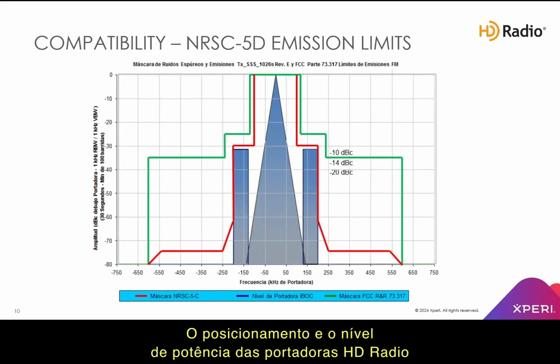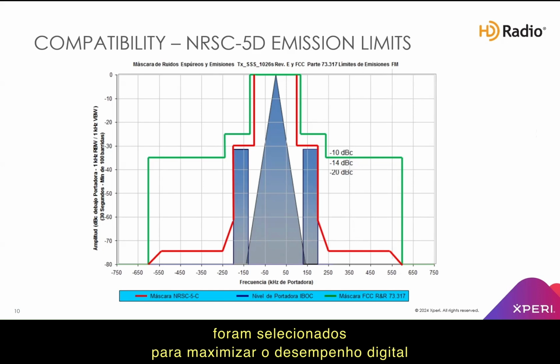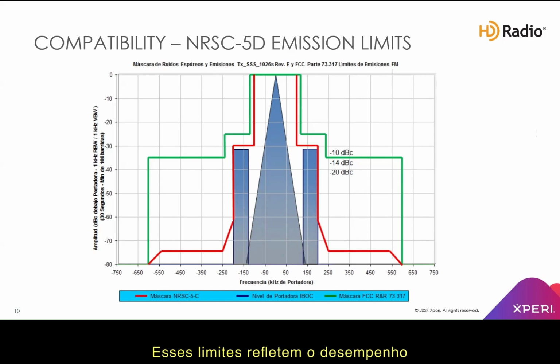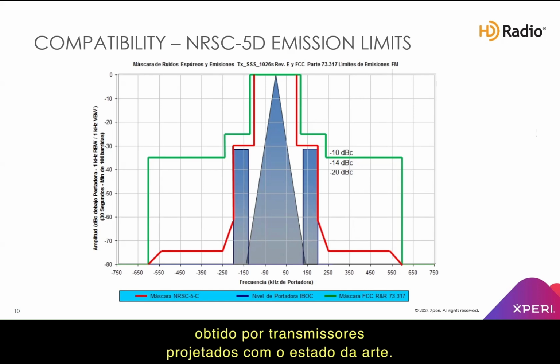The placement and power level of HD Radio subcarriers were carefully selected to maximize digital performance while staying well within the FCC emission limits. These limits reflect performance obtained by state-of-the-art transmitter designs.